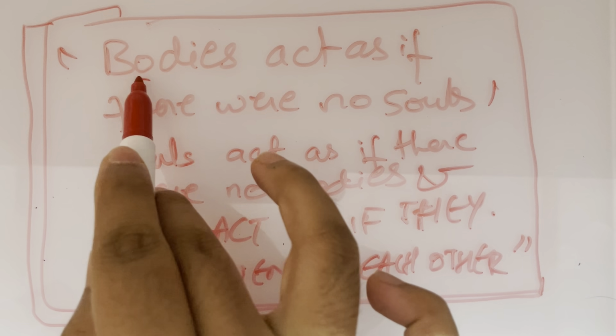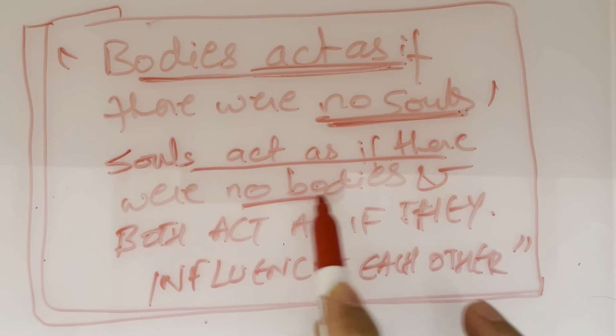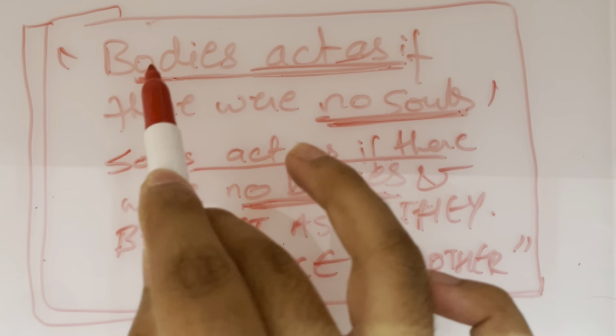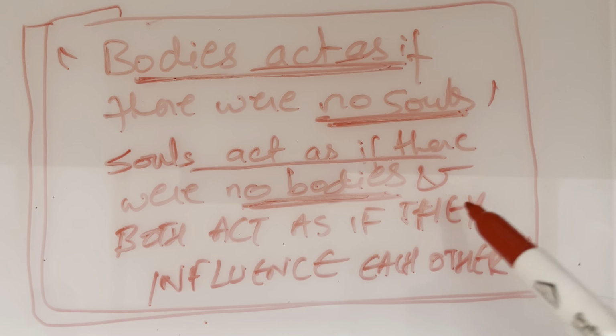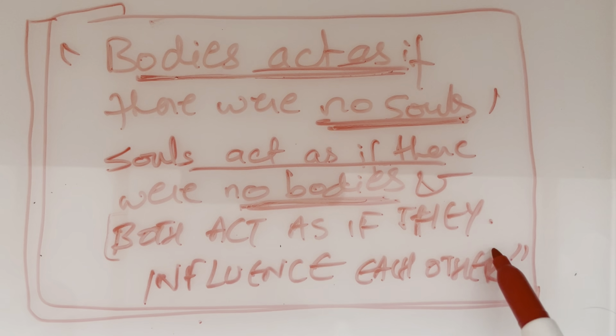And he says that bodies act as if there were no souls. This is the notion of appearance, and souls act as if there were no bodies. So the body is nothing more than an aggregate of monads, and both act as if they are influencing each other.